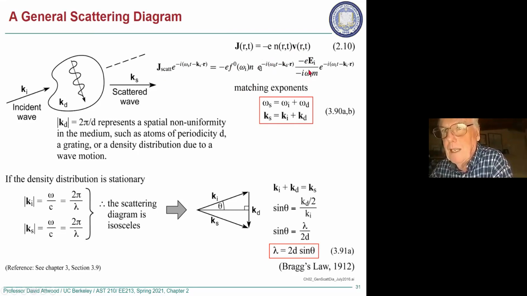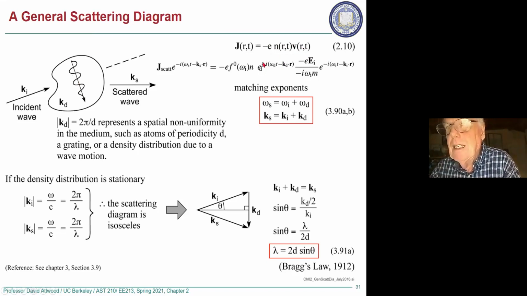It has a certain mass. Each term has some frequency and wave number exponential. And so this is the one for velocity. This is a representation of the electron density. It's e to the minus i, and there's some frequency and wave number associated with that wave. So if it's moving, it has its own frequency, and it has some periodicity here. Okay, that's represented here. So the velocity picks up all of those things from the incident wave.